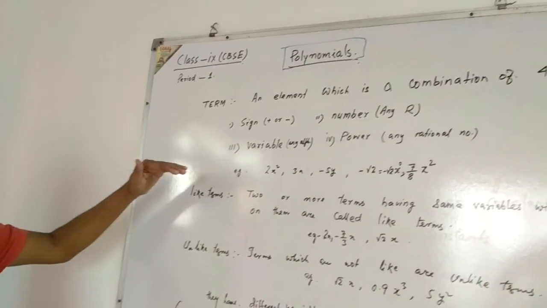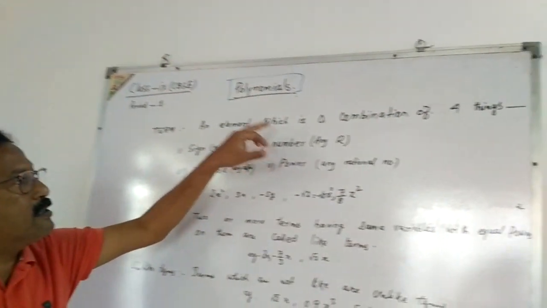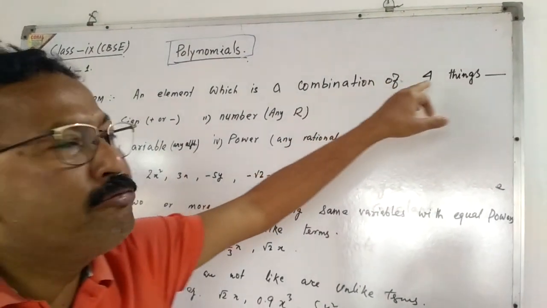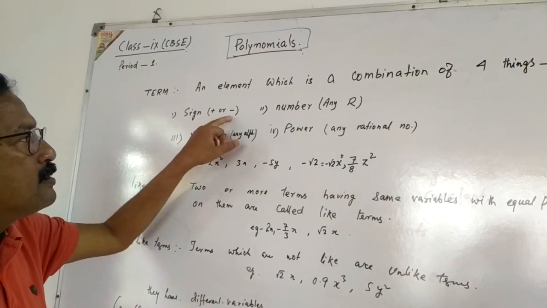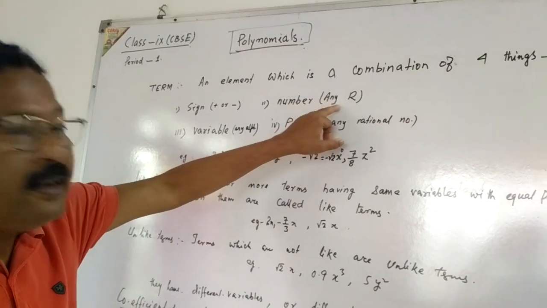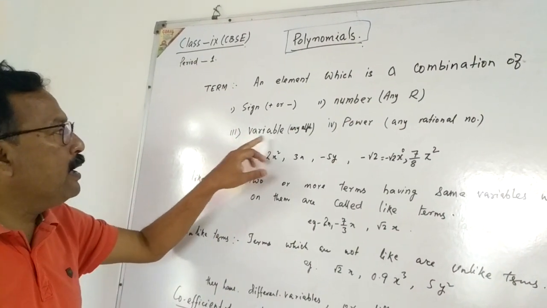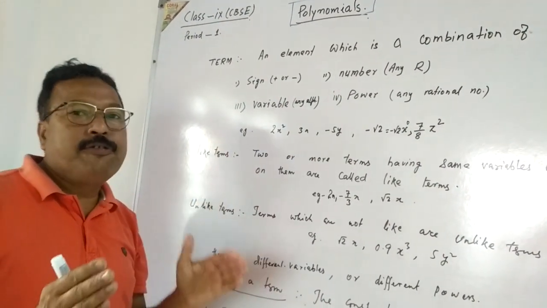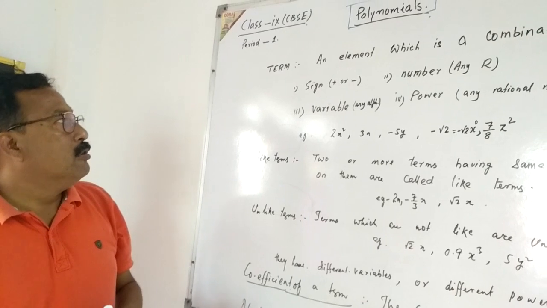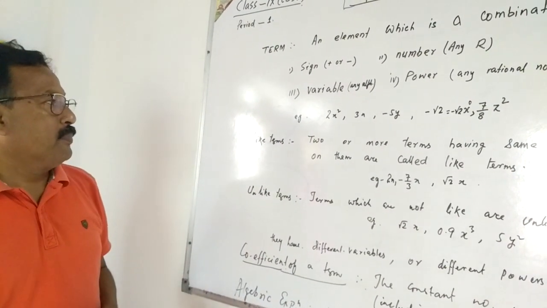Now we have to define a term. What is a term? An element which is a combination of 4 things: sign, plus or minus; number, any real number; variable, you can take any alphabet; and power. These 4 things combine to form a term.